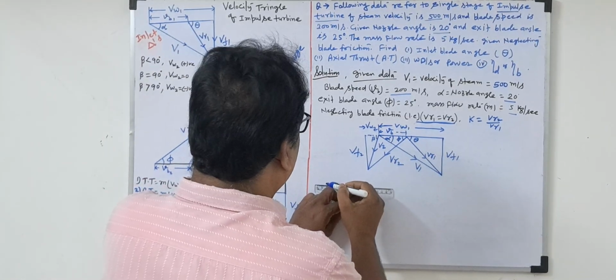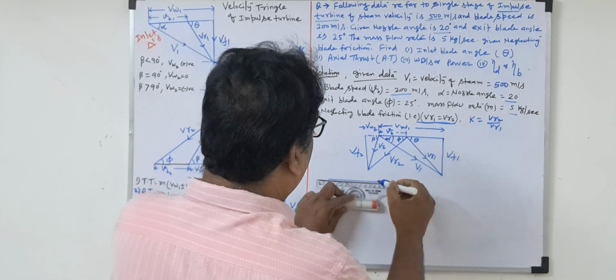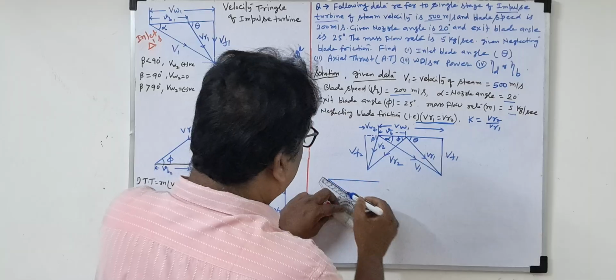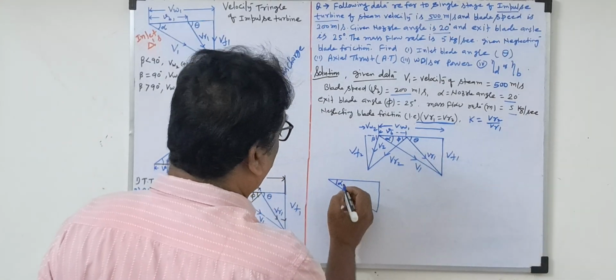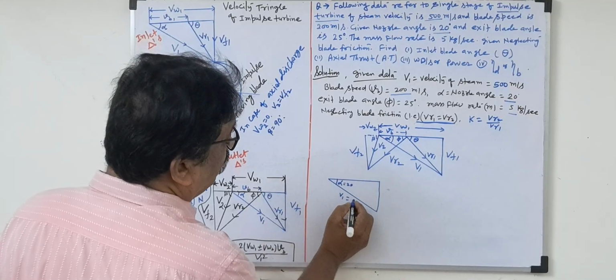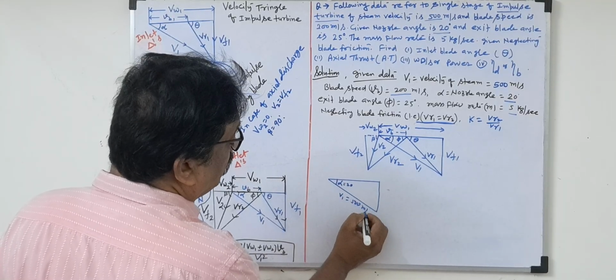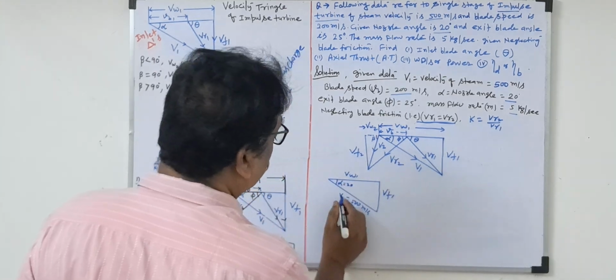Now we separate all the triangles. First we are taking the alpha angle. This is the alpha. Why am I taking this angle first? Because alpha is given as 20 degree and V1 is given as 500 meter per second. So this is VW1, this is VF1, this is V1.